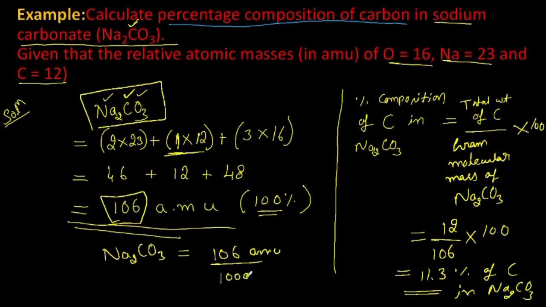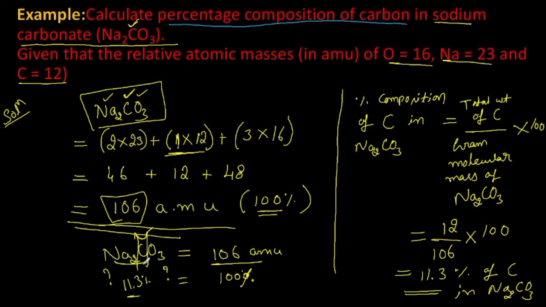Sorry, it is not 1000, it is 100%. And then what is the total mass percentage of the carbon? That is 11.3%. So we have not calculated it for sodium. Okay, so sodium is still in question, and we have not found it for oxygen. It is also in question mark. We have found percentage composition of only carbon.